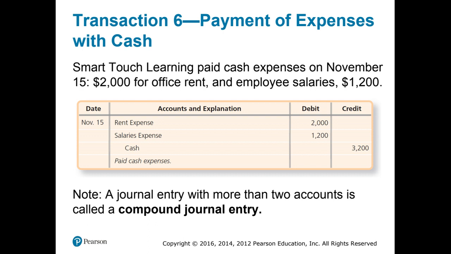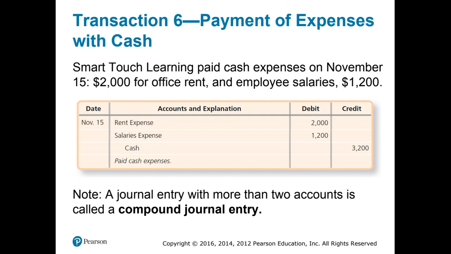And that's okay because at least one of these accounts involves another account that is being used in this journal entry, which is what? The cash account. So both our rent expense and our salaries expense have something that is moving to cash or out of cash.